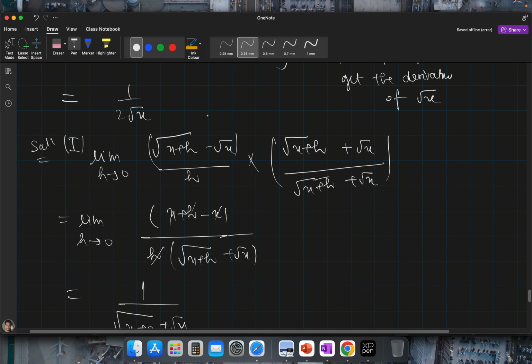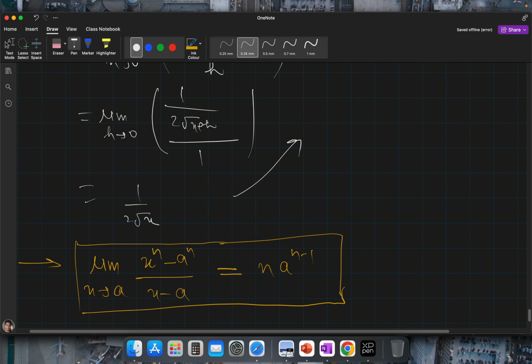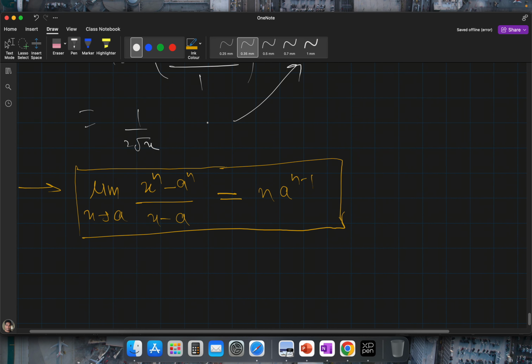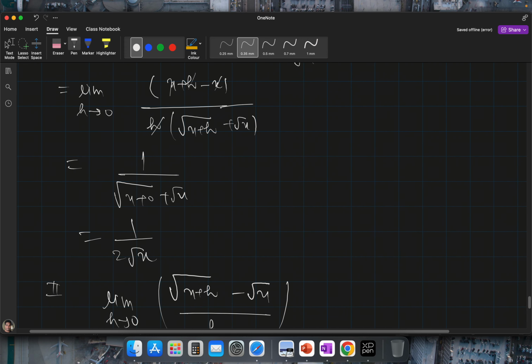But in shorter time, if there is an option that limit does not exist, then you have to be very careful there. If you check whether the limit is existing or not, you will get the answer at that time only. You don't have to do all this.